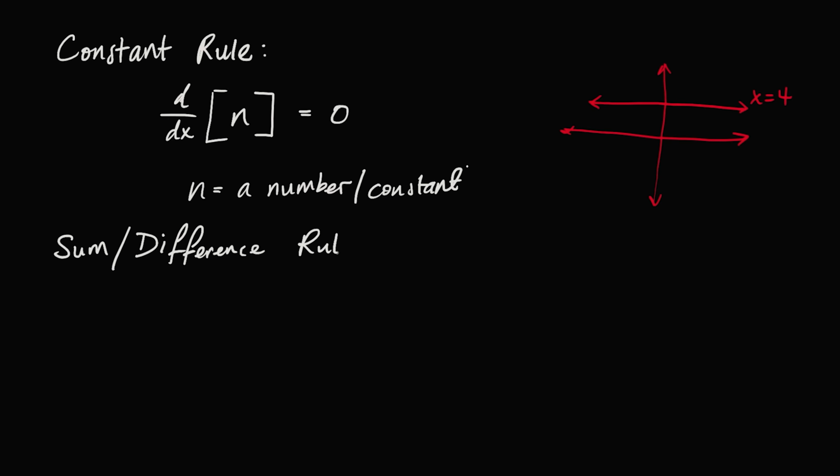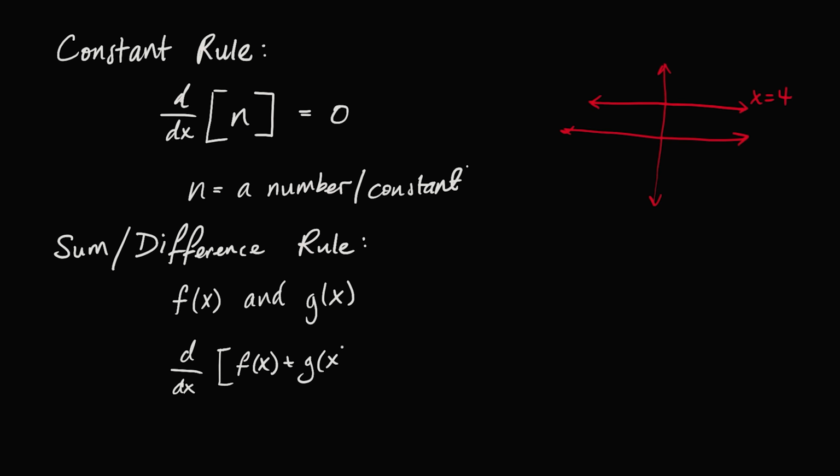If we have two functions, f of x and g of x, and the primary function is f of x plus g of x, and we're trying to find the derivative of that, then d over dx of f of x plus g of x is the same as the derivative of each function: the derivative of f of x plus the derivative of g of x.